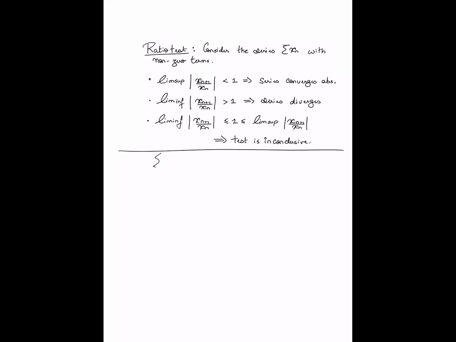To see this, you can check that if xn is of the form a raised to n, note that absolute value of xn plus 1 by xn is also mod a. And again, as a sanity check, if a in absolute value was less than 1, we know that the series summation xn converges absolutely. You also know that if a in absolute value is more than 1, then the series diverges, because it's a divergent geometric sum.